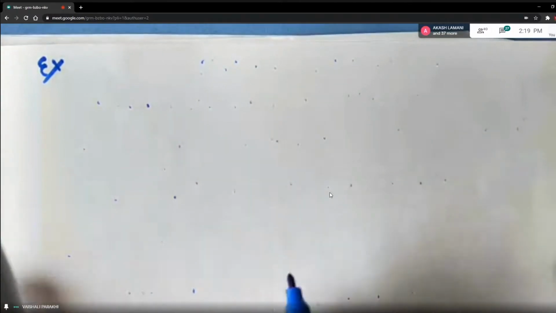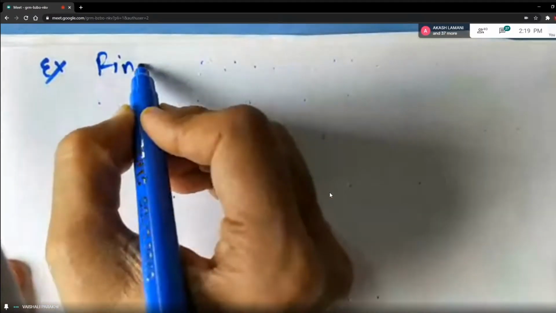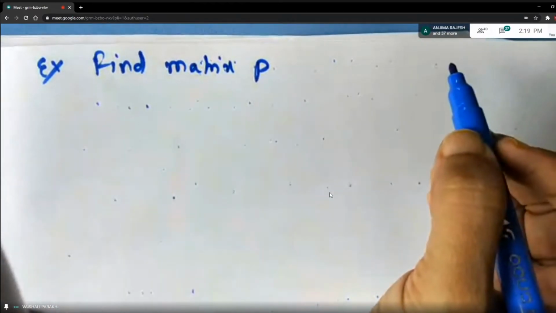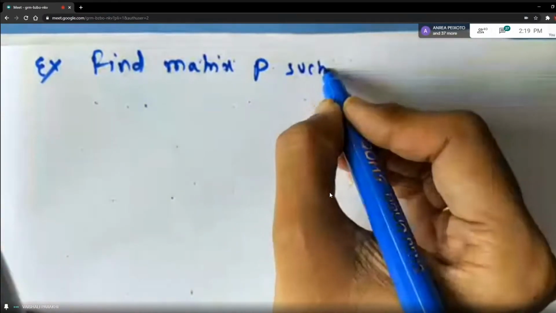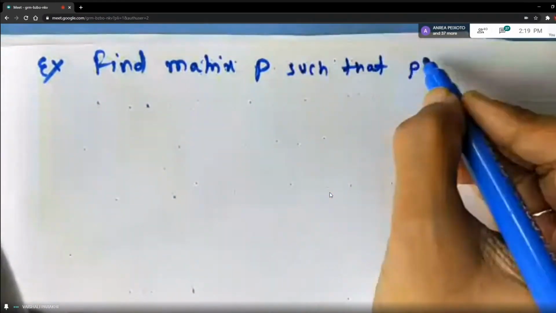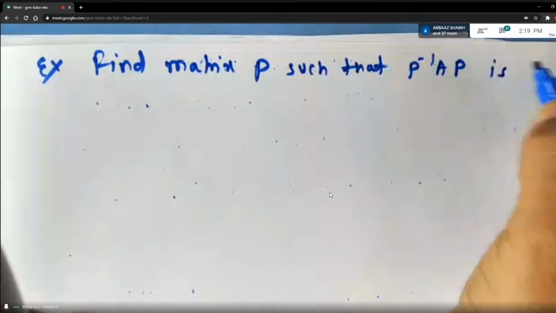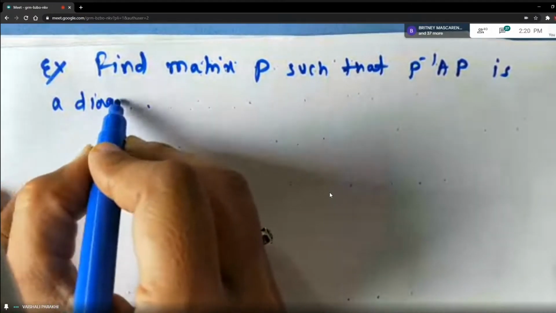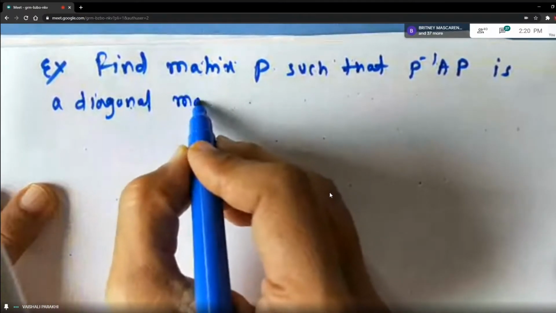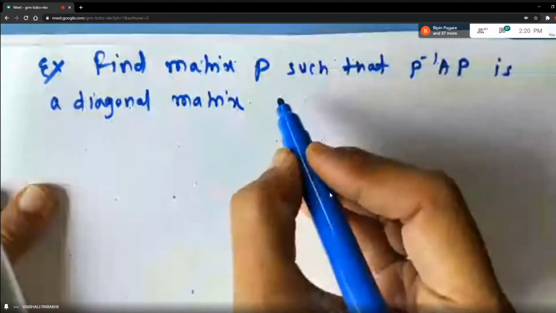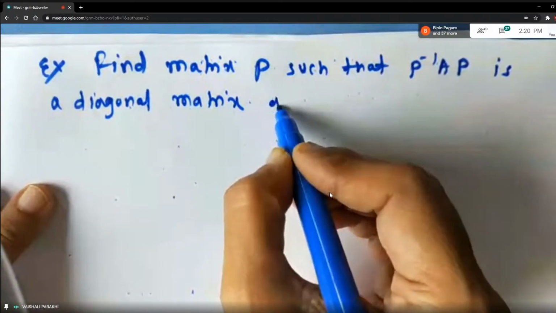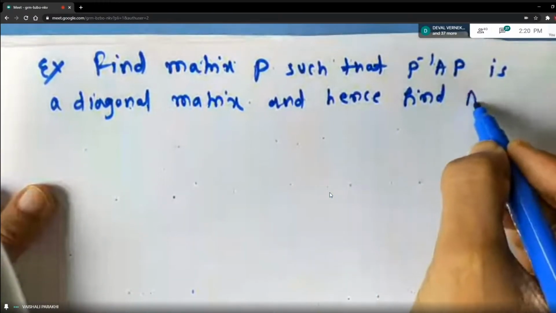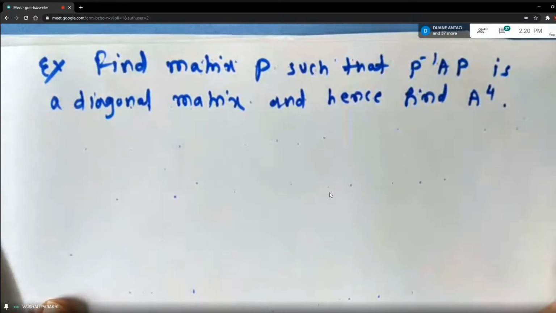Find matrix P such that P inverse AP is a diagonal matrix and hence find A raised to 4.